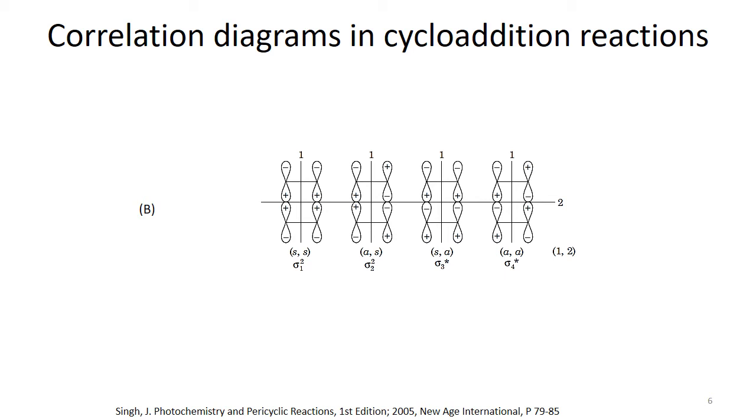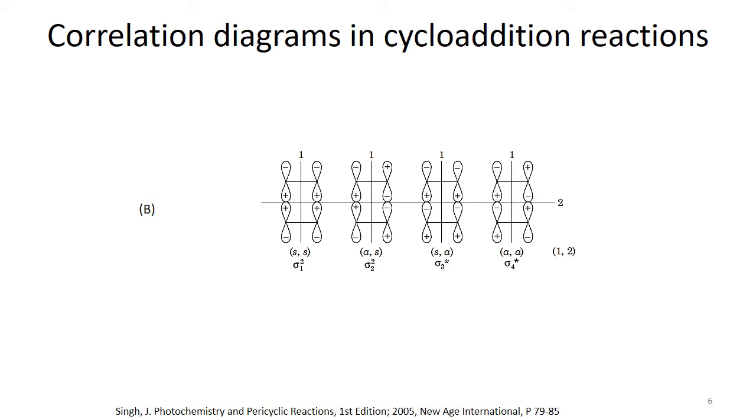The next diagram is arranged in such a way that sigma 3 star is basically the one drawn from the pi 1 system of the ethylene molecule. So in this system we have suprafacial and antarafacial interaction here.